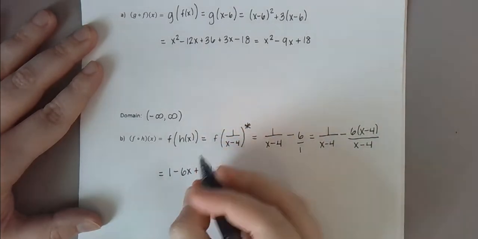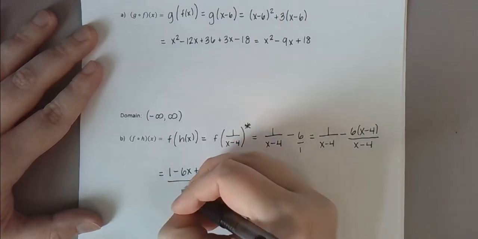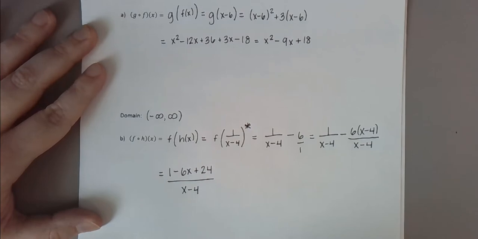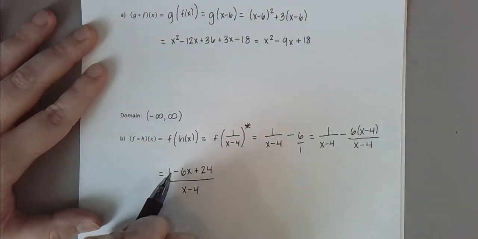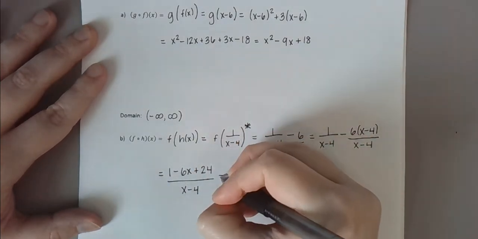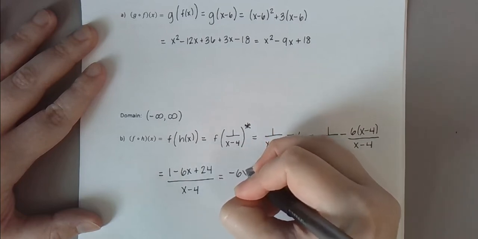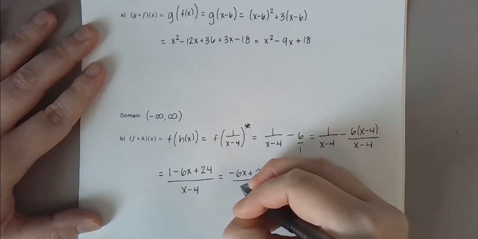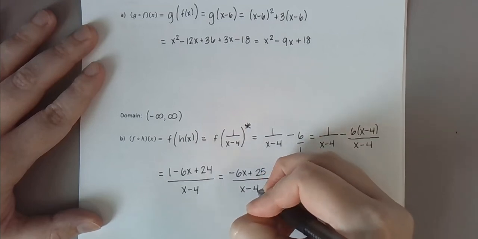And then we combine over that common denominator, so that's going to be x minus 4. Okay, last but not least, combine our like terms in the numerator. So we have a positive 1, a positive 24. So our numerator is going to be negative 6x plus 25 divided by x minus 4.